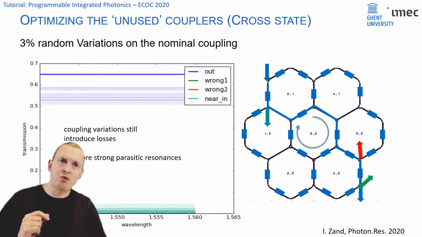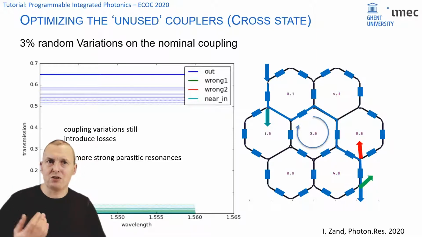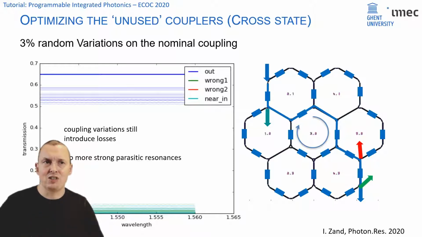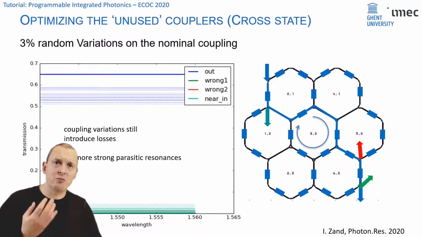For instance, we can program all the unused couplers in such a way that we kill the resonances as much as possible. And that way we still have our insertion losses because of the parasitic coupling, but we don't have these annoying fringes anymore. So these routines are essential to make things work.